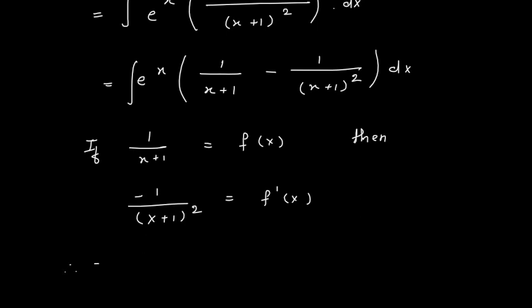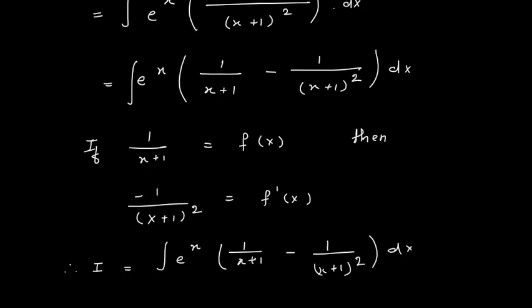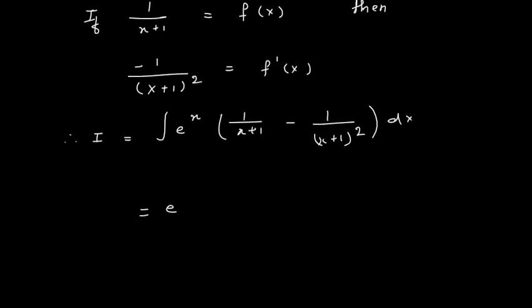Therefore integration I will become integration of e power x into fx plus f dash x. It is of the form fx plus f dash x. So I will say that I is e power x into 1 upon x plus 1 minus 1 upon x plus 1 the whole square. This will be equal to e power x into fx, that is 1 upon x plus 1, plus c.